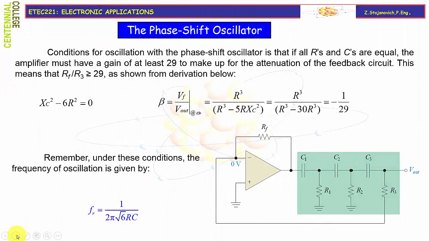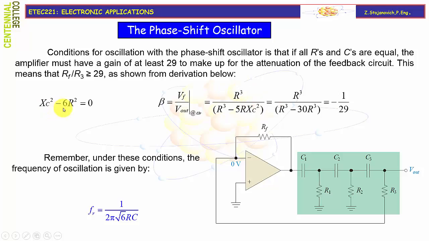The condition for oscillations with the phase shift oscillator is that if all R's and C's are equal, the amplifier must have a gain of at least 29 to make up for the attenuation of the feedback circuit. This means that RF over R3 must be higher than 29, as shown from the derivation below. We said that at the frequency of oscillation, when the imaginary part is equal to 0, our ratio VF over Vout reduces to this expression.